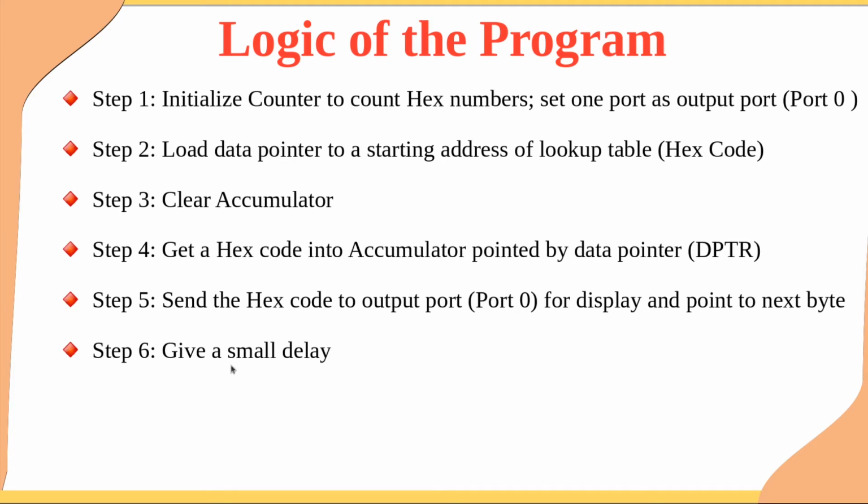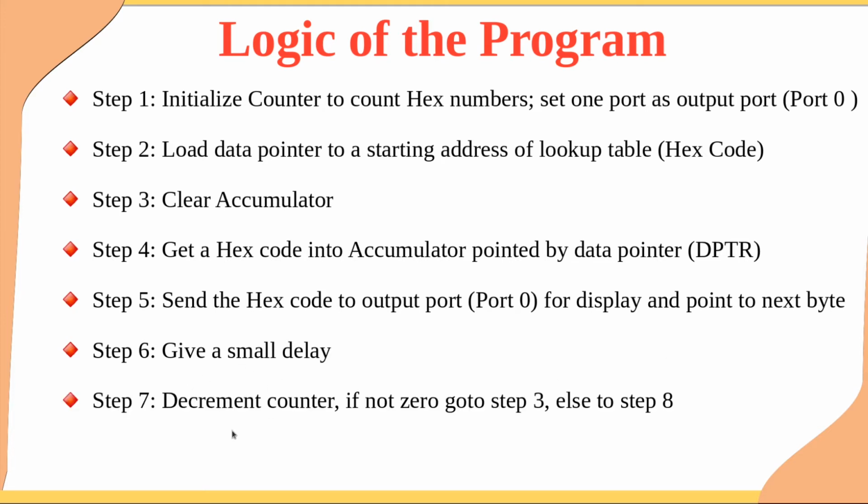Give a proper small delay. Then, as we have displayed one hexadecimal number, we can decrement the counter. If the counter is not 0, go to step 3 for displaying the next byte. Else go to step 8, the next step. And here the execution can stay to stop, or go to step 1 to repeat. This is the simple logic to display the hexa numbers on a 7 segment.